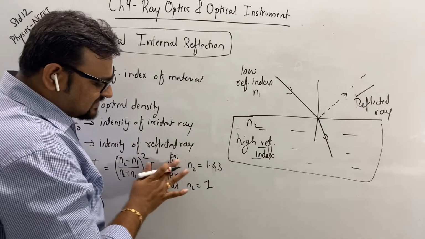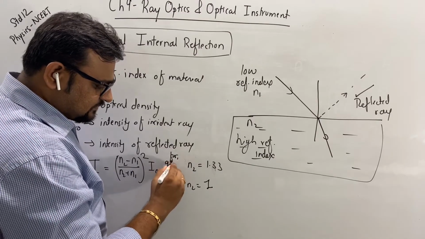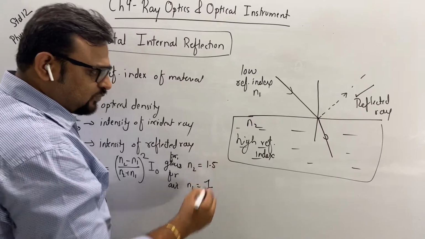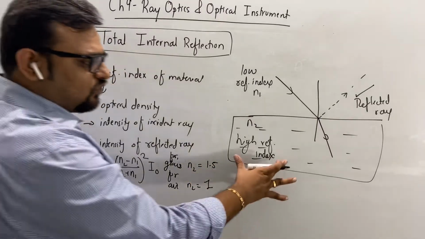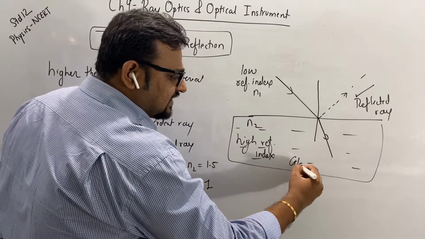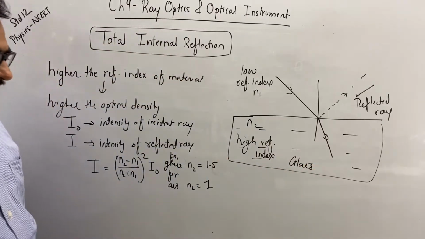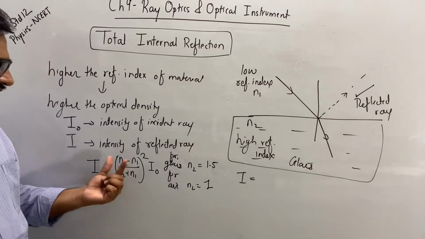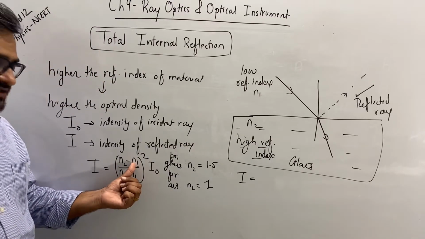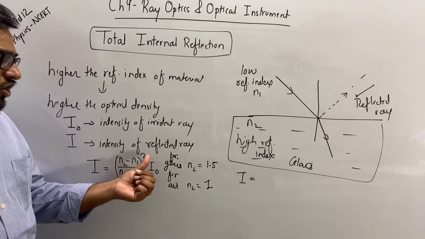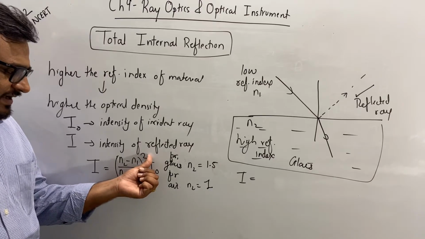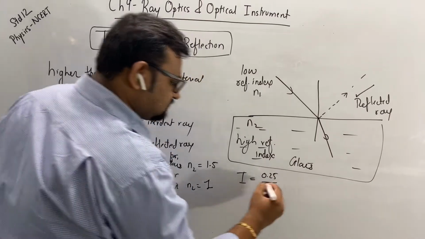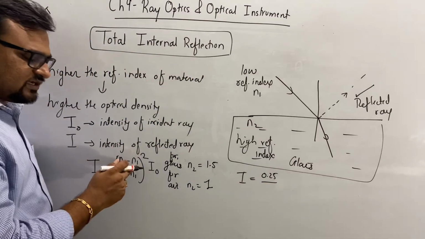Now, if I take this as glass, then the refractive index will be 1.5, instead of water. Then what will be your answer? I will be equal to (1.5 minus 1), that is 0.5, whole square, which is 0.25.